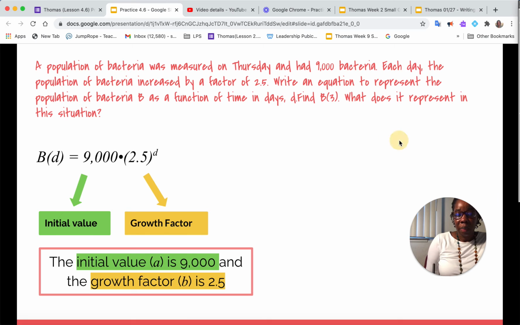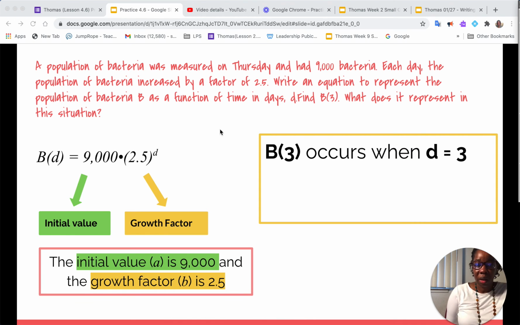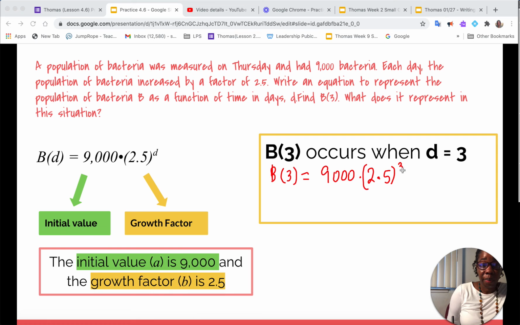And then they want us to figure out what is the answer when d is 3. So what is the population of the bacteria after 3 days? So it means that we're going to replace the d with 3, so that will become B of 3 is going to be equal to 9,000 times 2.5, and that's raised to the third power.